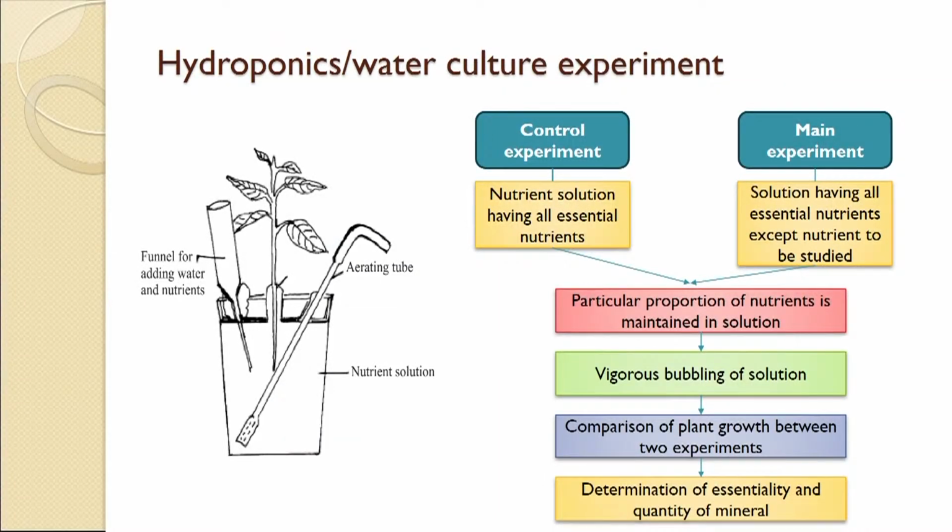Here we hypothesize that as the nutrient considered is absent in the main experiment, it might have some effect on plant growth and development. At the last stage we determine whether the mineral element is essential for the plant or not, and also how much quantity of that nutrient is essential for plant growth.